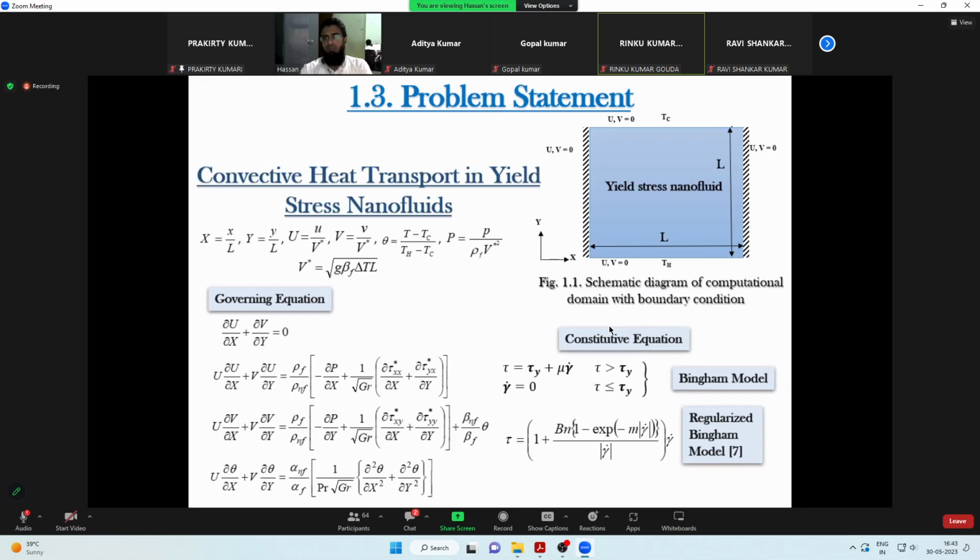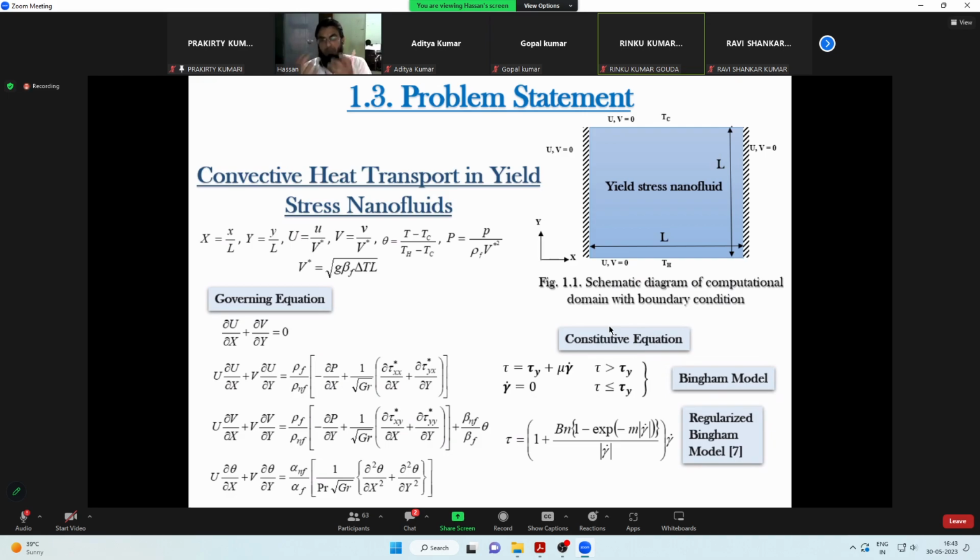The density of the nanofluid is expected to be slightly higher than the density of the base fluid, multiplied by minus del P by del X, the pressure gradient, plus 1 by root over Gr, where Gr is the Grashof number representing the ratio of the buoyancy forces, because of the temperature gradient, to the viscous forces, that is rho square g beta delta T L cube upon mu square.